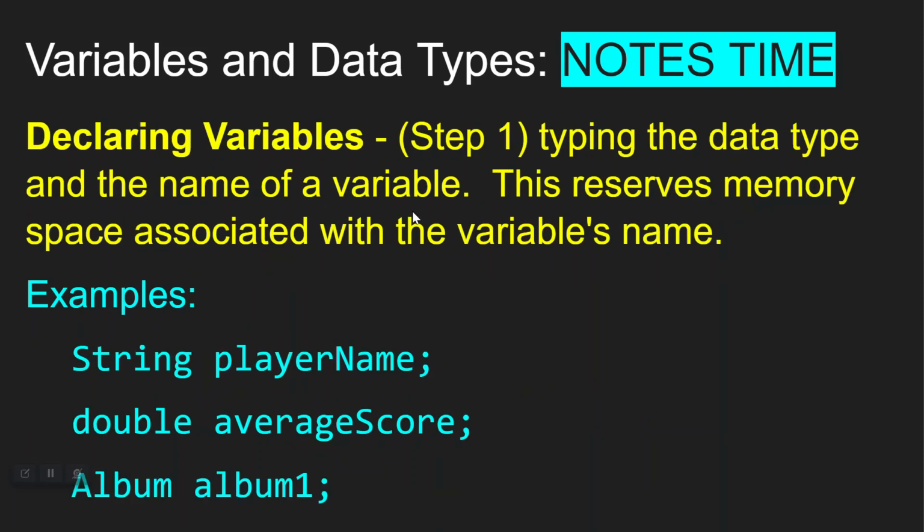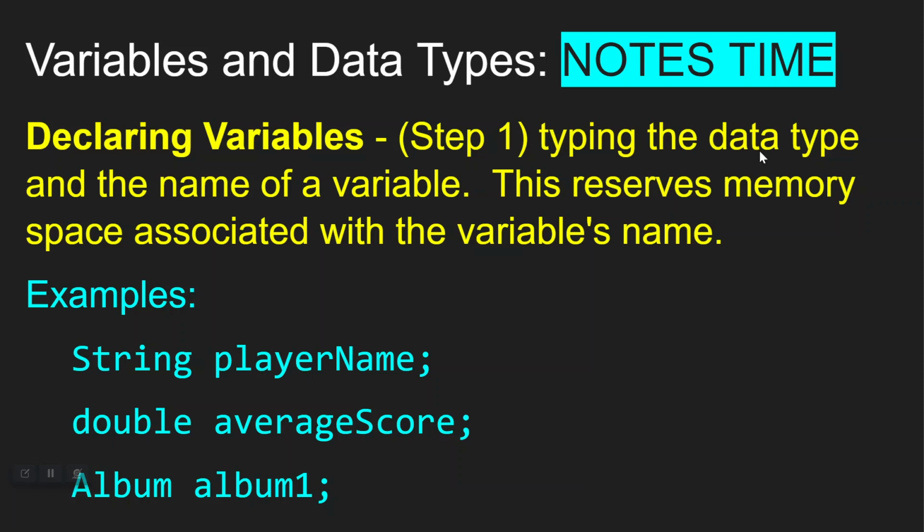Okay, so in Java, you need to do two things. Well, really, in programming in general, you need to do two things. First thing you need to do is declare the variable. So you type the data type and then the name of the variable. So down here, String playerName, and then you see the semicolon is right there, or double averageScore, and then here's your semicolon, or down here, Album album1. So playerName is the variable name, averageScore is the variable name, and then album1 is the variable name.